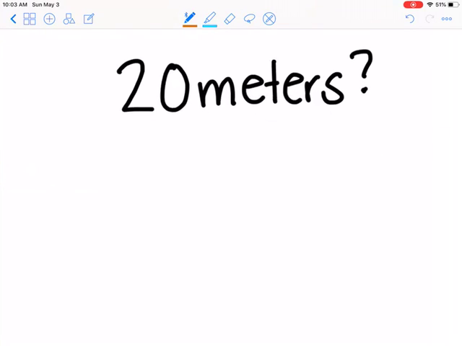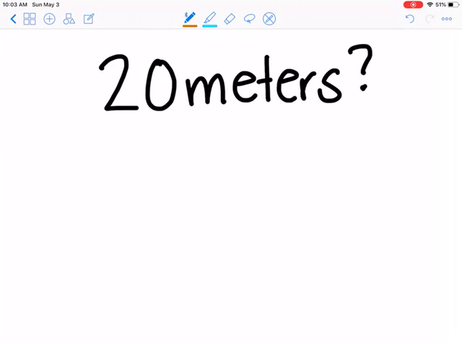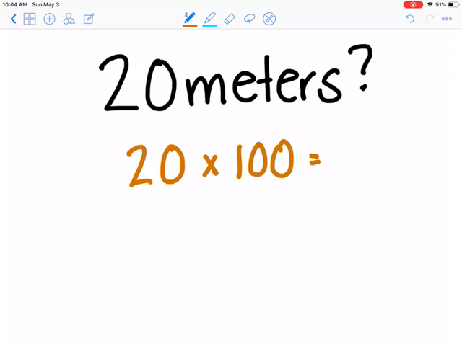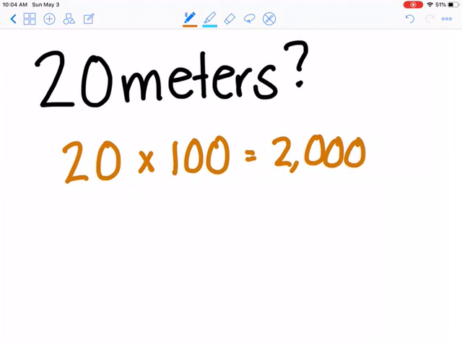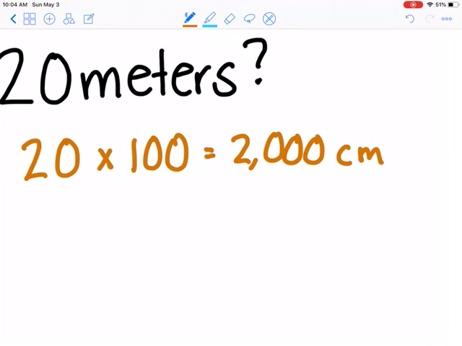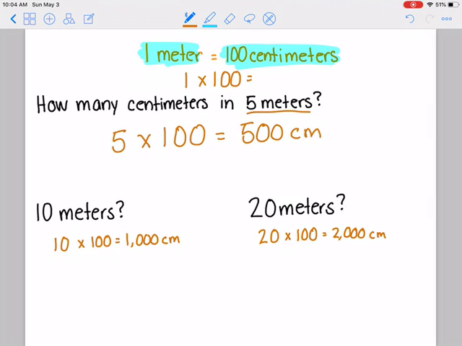Next one, 20 meters. You would do 20 times 100, and you would get 2,000 centimeters. So that's how you would convert meters to centimeters.